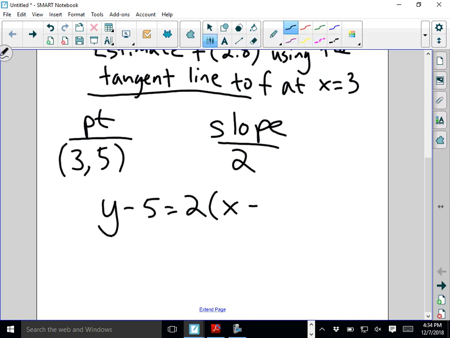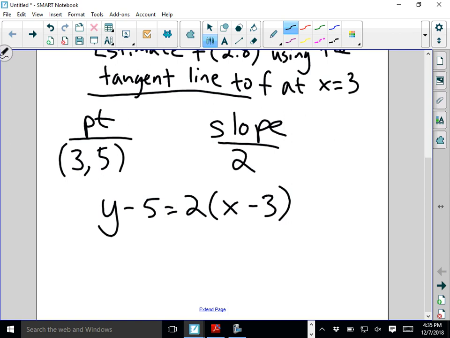Easy, right? So what we're saying is, for numbers really close to 3, and 2.8 is a number really close to 3, this tangent line is going to give us a pretty good idea of what's going on. Okay? So we can use tangent lines to estimate points really close to where we know that tangent line equation at.